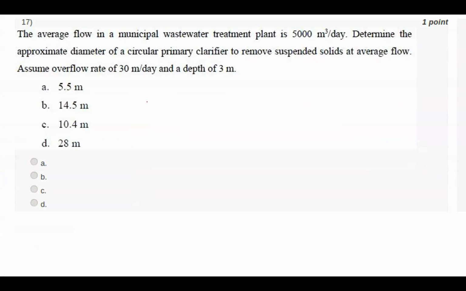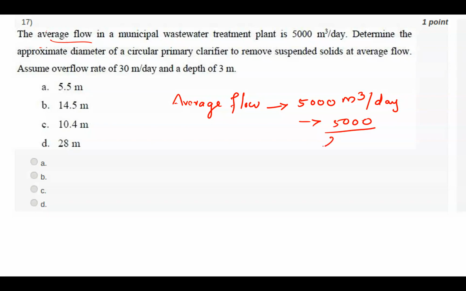The average flow is 5000 meter cube per day, so you convert it into meter cube per second. How do you convert? Divide by 24 hours, 60 minutes, 60 seconds, meter cube per second.